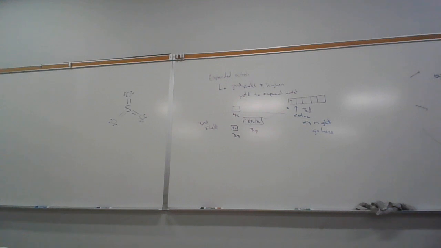When you look at this structure, what are the formal charges in this structure? Yeah, they're all 0. And so this structure is good because all the formal charges are 0, except how many electrons now around sulfur? Oxygen remains in an octet, but sulfur has 2, 4, 6, 8, 10, 12. 12 electrons around it.